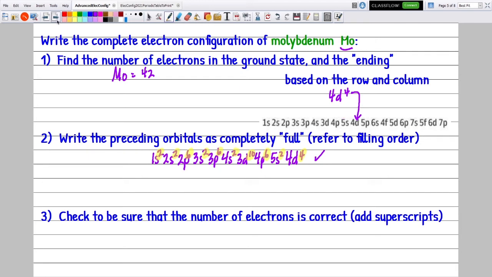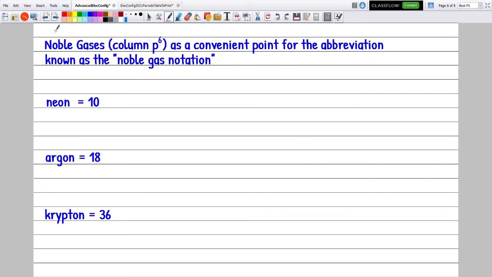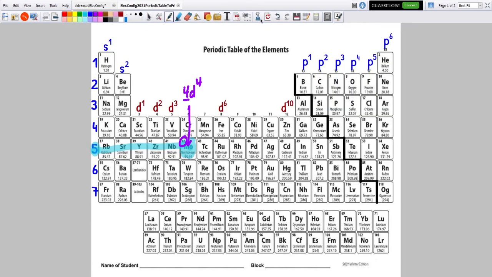Now let's move forward to try to see if we can understand how we can use the noble gases in column p6 as a convenient point for the abbreviation known as the noble gas notation. Let's use the same principles that we applied earlier to write the complete electron configuration of neon, for example. So let's find neon. This should be fairly quick. Neon's right here.